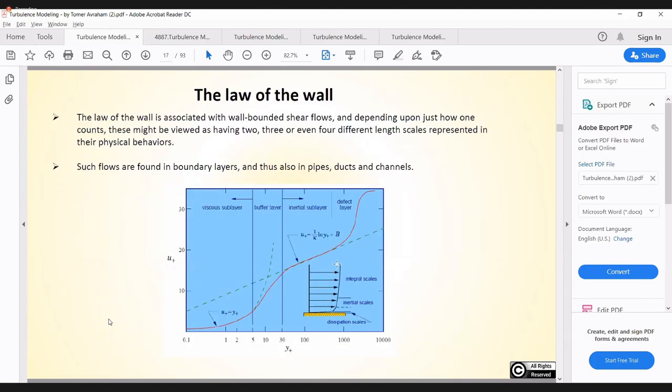The law of the wall. You all should remember, nothing matters if they propose you use SST or BSL, it doesn't matter which kind of model you use. You need to have at least the right resolution to solve your problem. If you want to get drag, you need to have y plus equals 1.